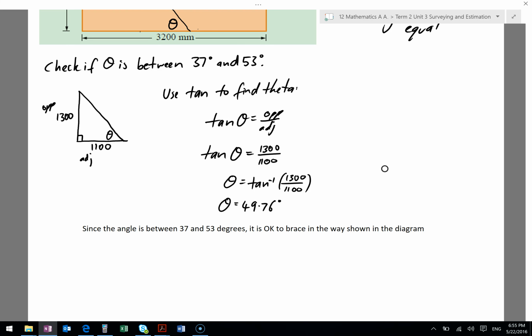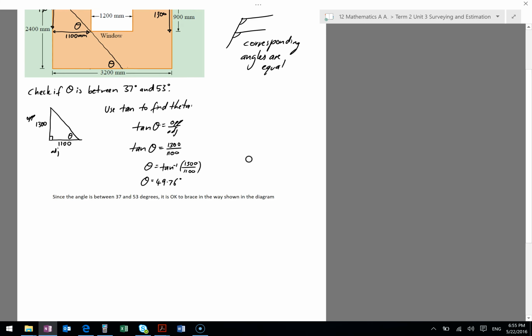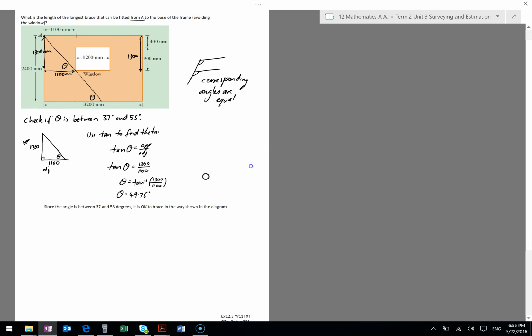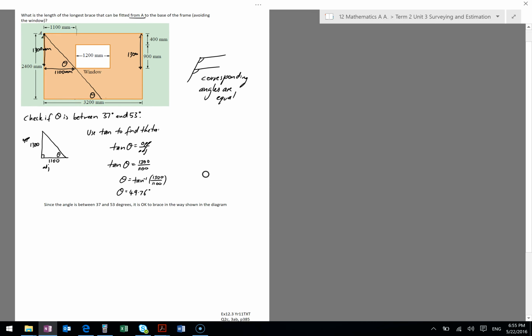Alright, so now my problem would be, how long is that actual brace? So I know the angle's okay. I could now draw this bigger triangle, that huge triangle, to find the length of the brace.